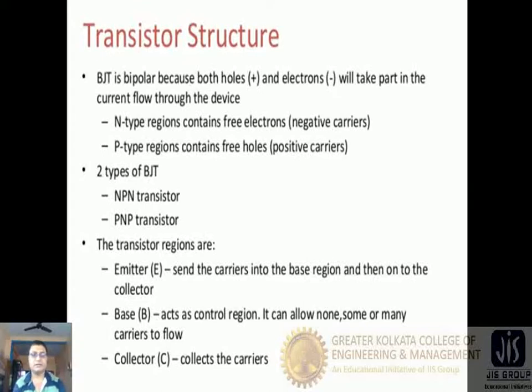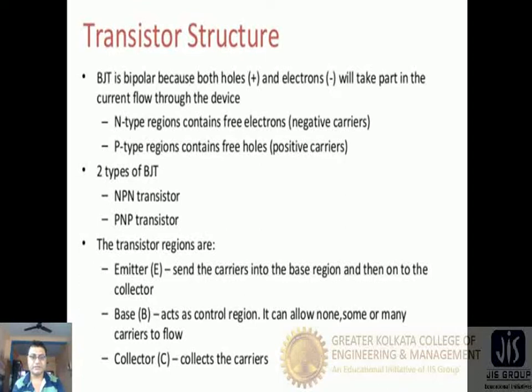N-type region contains free electrons, P-type region contains free holes. Two types of BJTs are there. One is NPN transistor, another is PNP transistor. There are three regions, or three terminals, present in the BJT or bipolar junction transistor. One is emitter, which sends the carriers into the base region, and then to the collector.